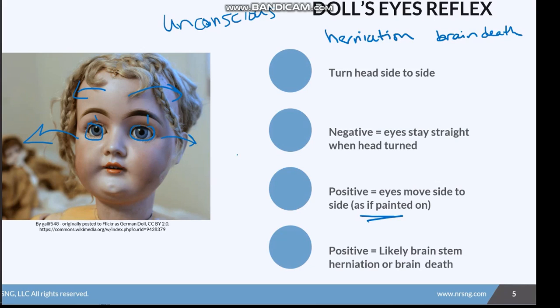So if you have a patient where you hold their eyes open, you turn them side to side, and the eyes go with the head, that is considered a positive doll's eyes, which is a very bad sign. And again, a positive doll's eyes is likely some sort of brainstem herniation or possibly even brain death. Now, this is kind of a hard one to describe, but the first time you see this, you will understand it.